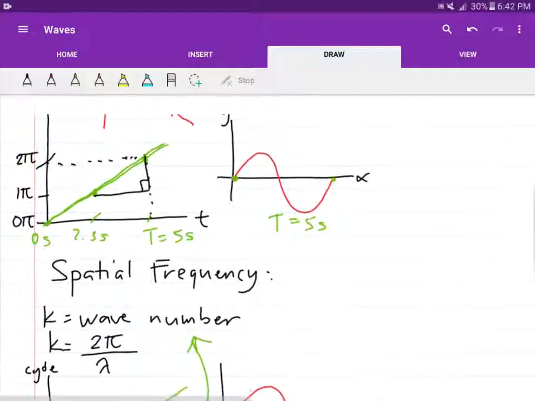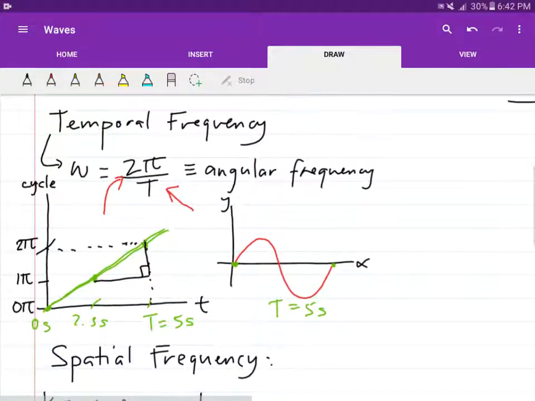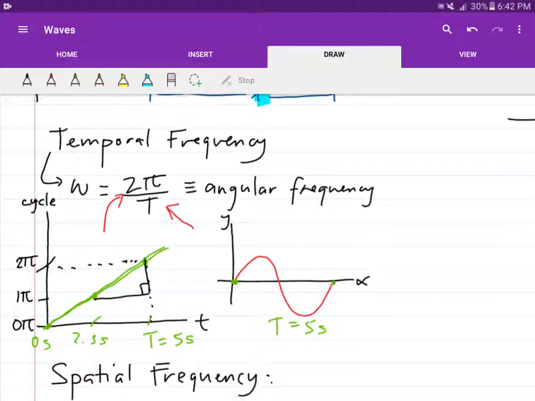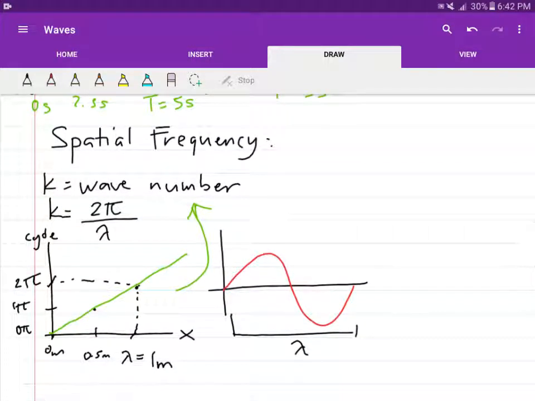So that is temporal frequency and spatial frequency. Temporal frequency is how steep the slope of cycles versus time is, while spatial frequency is how steep the slope of cycles versus spatial value of x is.